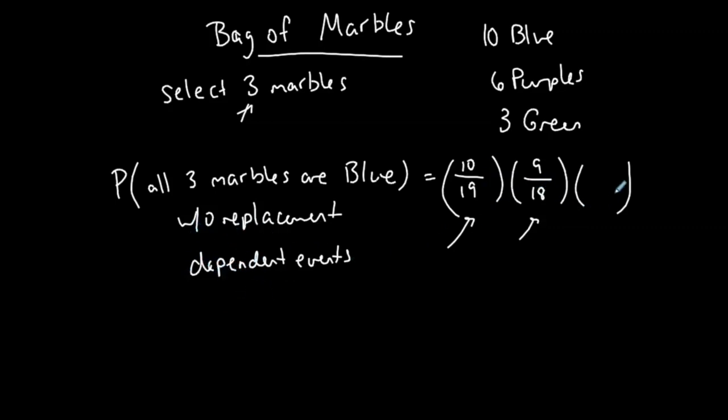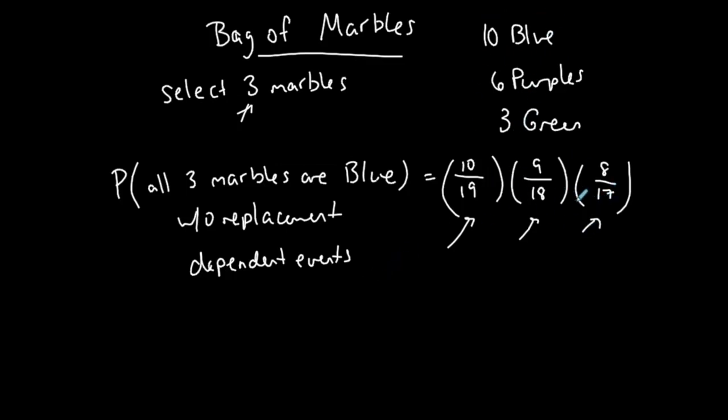Again, I have to pick a third marble, but the first 2 marbles I'm keeping next to me. So now I have 2 less blue marbles, and therefore I have 8 blue marbles out of 2 less total marbles, 17 total marbles. This is the case, of course, the last event, where I kept the first 2 blue marbles next to me, so I have 2 less of each case, 2 less blue, 2 less total marbles.